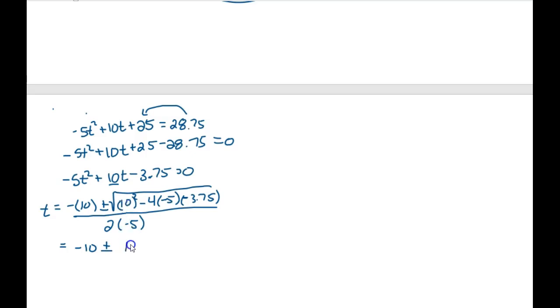Ten squared is 100. Negative times a negative times another negative will be a negative. So 4 times 5 is 20. 20 times 3.75 is 75.